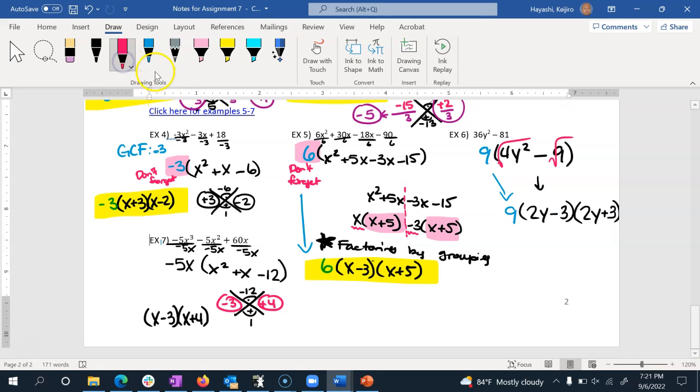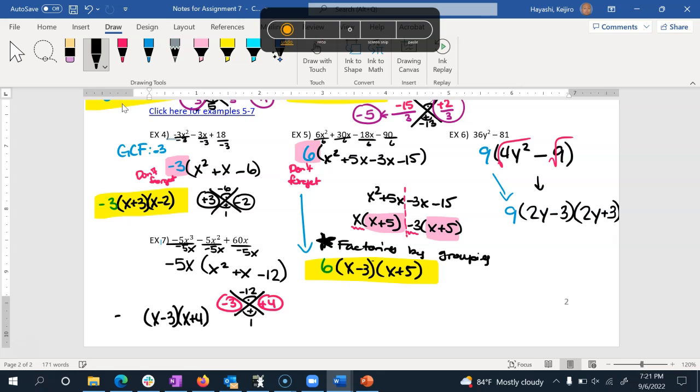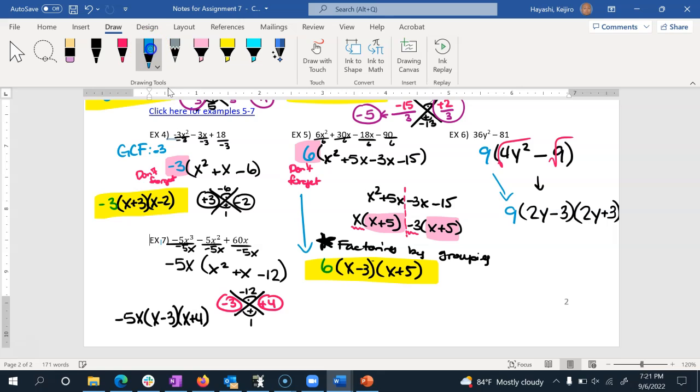You don't divide by negative 5 because I didn't slide. You factored it out, and then it just becomes a regular trinomial. So the GCF is negative 5x, and you don't want to forget about it. So this is the fully factored form.